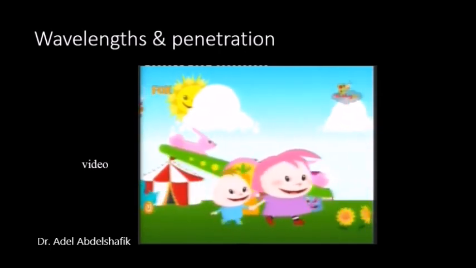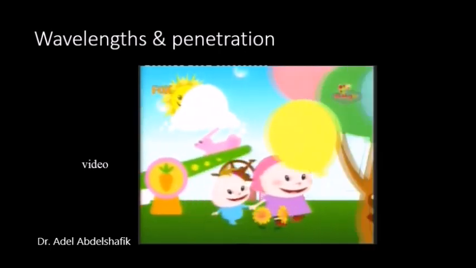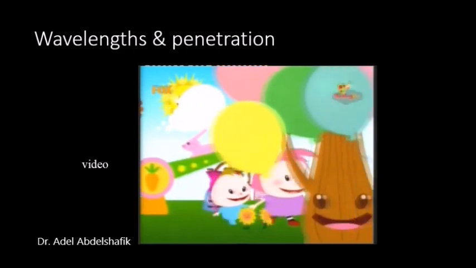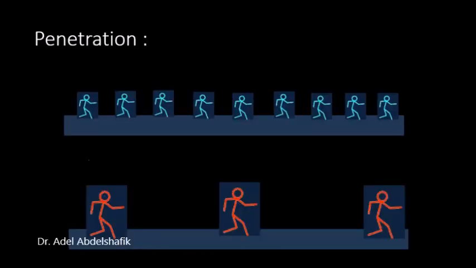This is the case with the blue short waves and the red long waves. The short waves will take so many steps to cross an area that the long waves will only cross it in a few steps. So if there is a resistance, the resistance will be marked for the blue light and will be minimal for the red light.